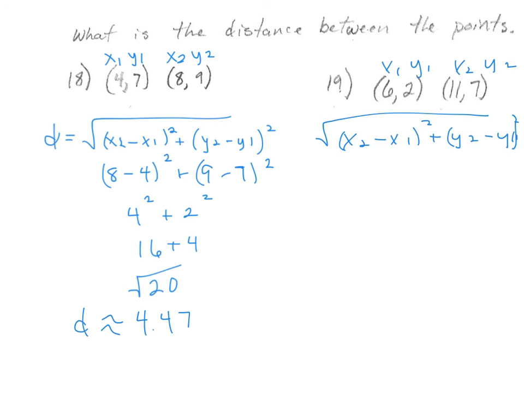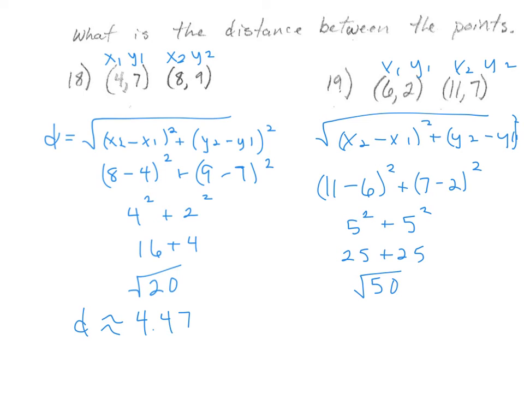So my x2 is 11 minus 6 plus 7 minus 2 squared. 11 take away 6 is 5. 5 squared plus 7 minus 2 is also 5. 5 squared is 25.